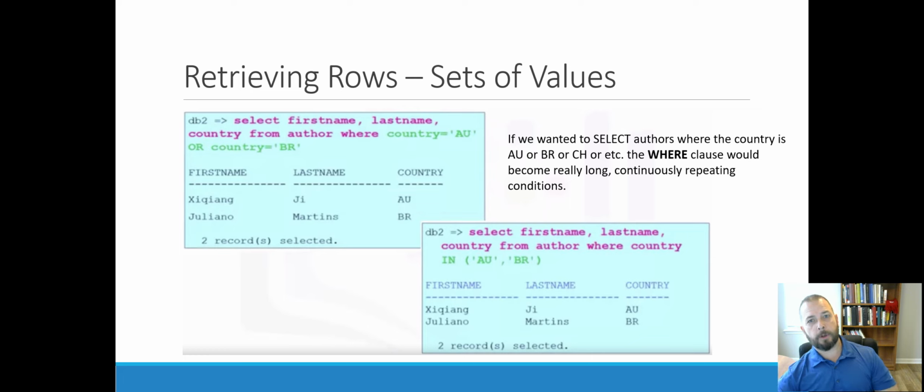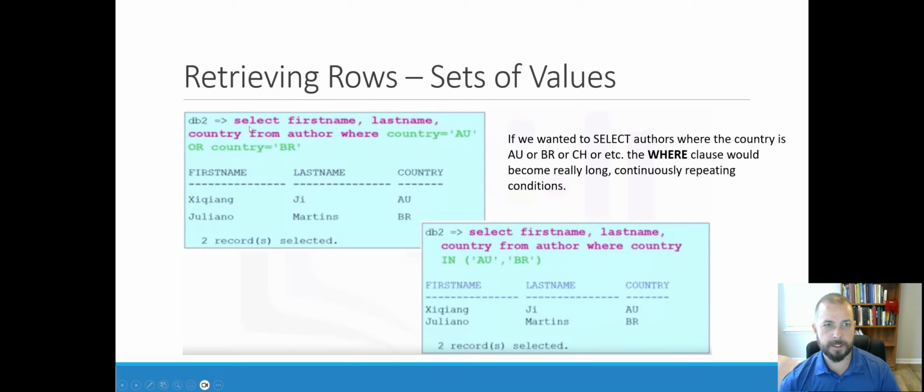I can also return from my where clause conditions where there are sets of values. So in this particular case, we want to select authors where the country is AU, BR, or CH, or whatever that would be. If we were to do this using the where clause, that can become extremely cumbersome.